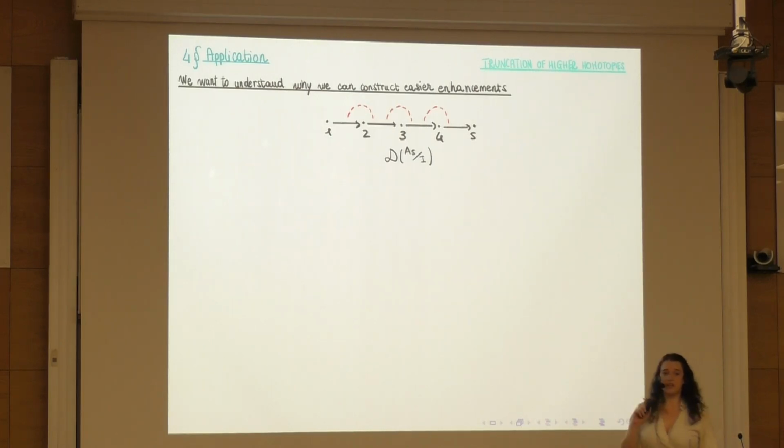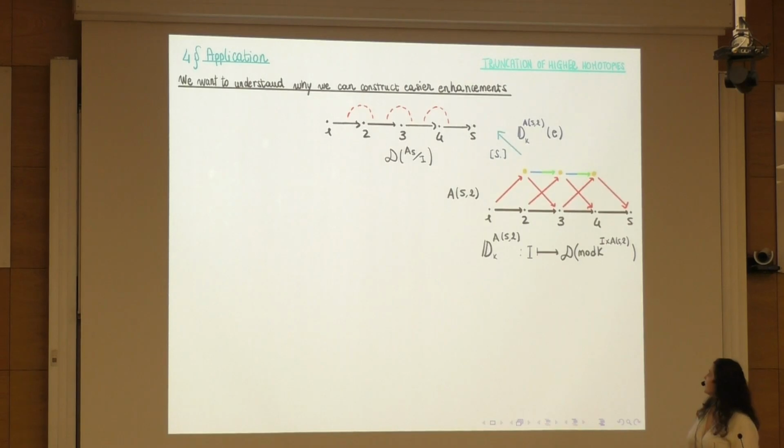If we want to study an enhancement of this category in the derivator, it is possible to prove that it can be a derivator which is described by such a poset. Okay, but this poset and this enhancement is not very natural to find. It's not really straightforward.